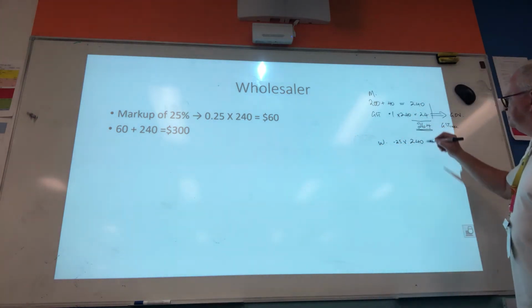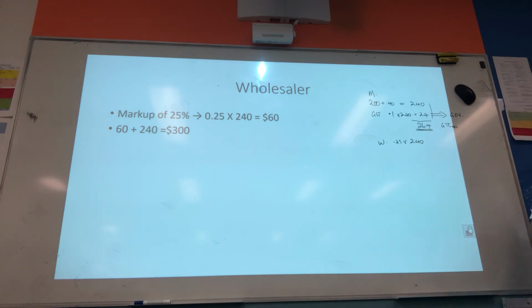So this 264, even though the wholesaler has paid that much money for it, you can't mark up the 24 because that's a tax, and that tax has got to go to the government. So you can only mark up the 240. Now that's really important. That number doesn't transfer from the manufacturer to the wholesaler. Only this number, the 240, transfers. That's starting to make some sense?